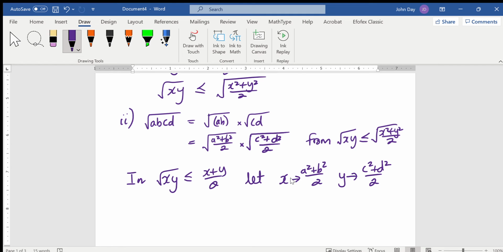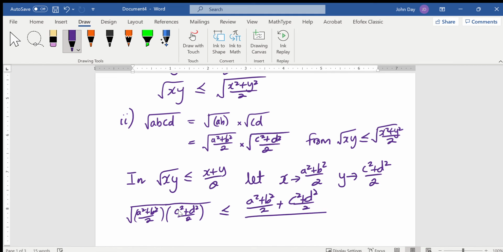All right, if that's the case, we have root of a squared plus b squared on 2 times c squared plus d squared on 2 is less than or equal to a squared plus b squared on 2 plus c squared plus d squared on 2, all over 2.